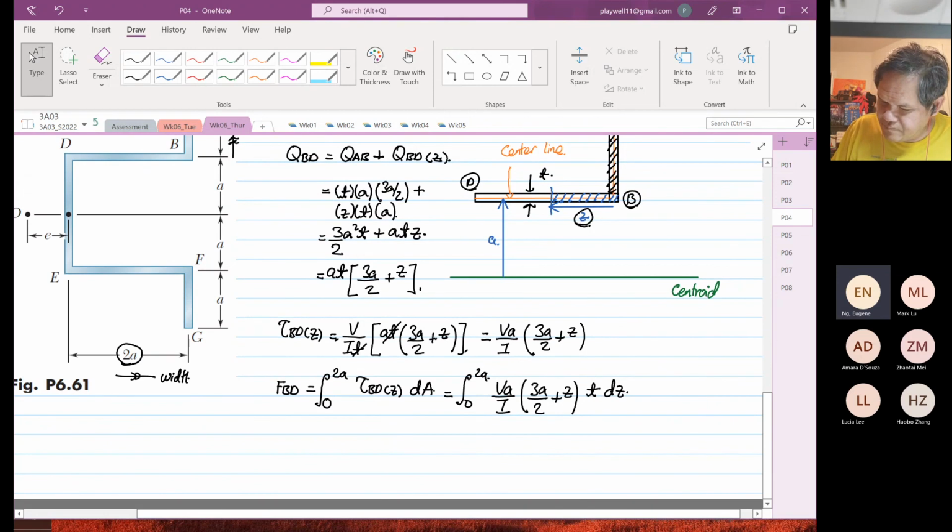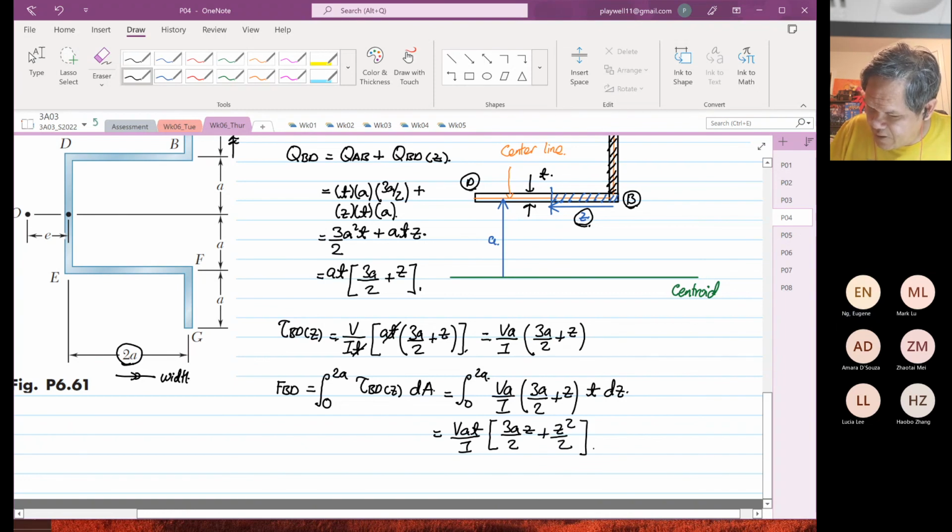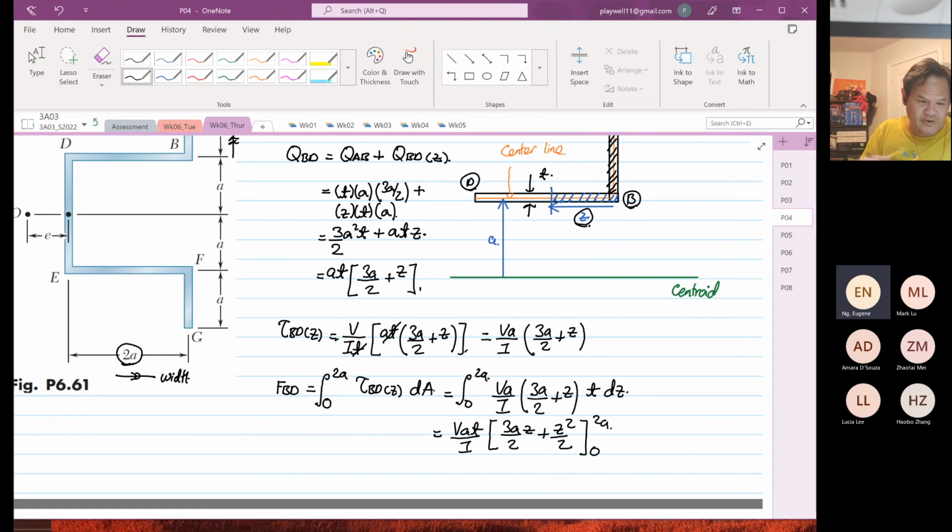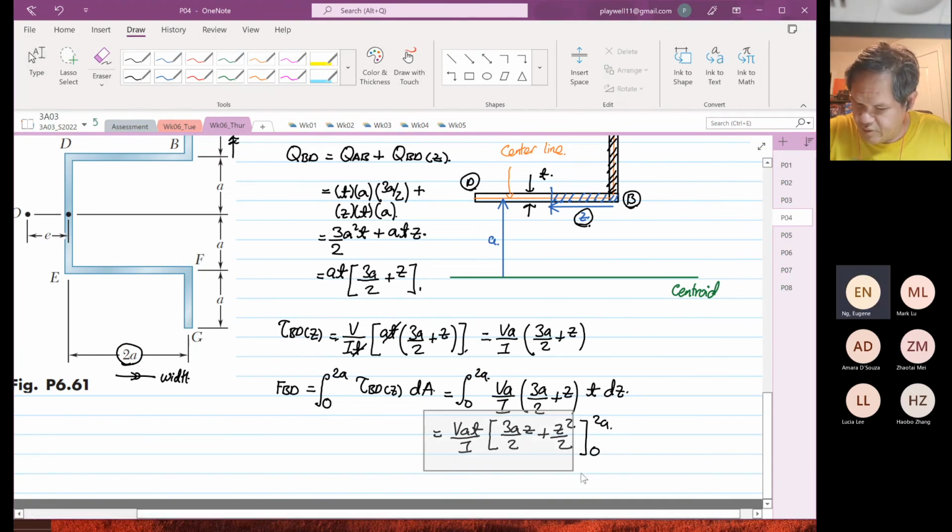VAT over I are all constants. We integrate to get 3A/2 Z plus Z squared over 2, with limits 0 to 2A. As I say, very easy math, which you are better at than me. I will carry on to the next page.